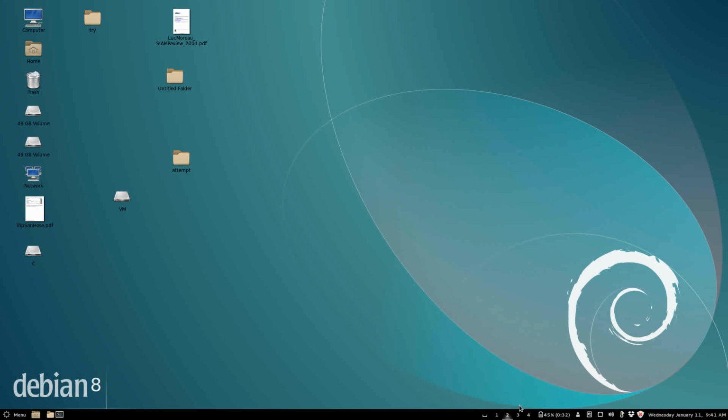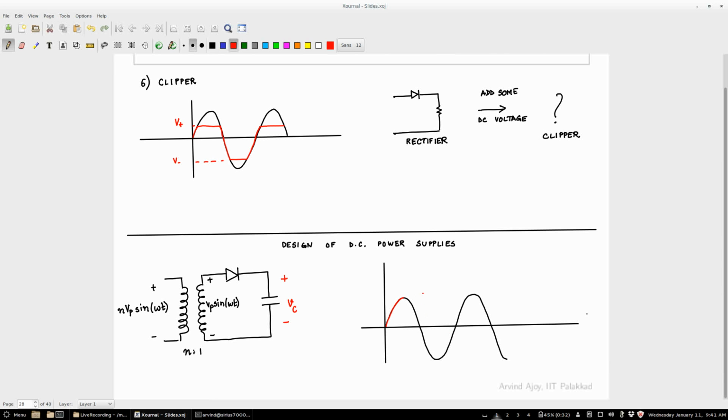I think I should save a sinusoid in my favorites, I keep drawing it. Let me say that is the input, and what is the output? This is basically a peak detector, right? So it's going to hold till there, and then.